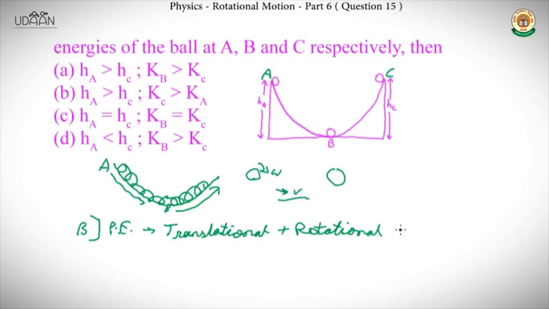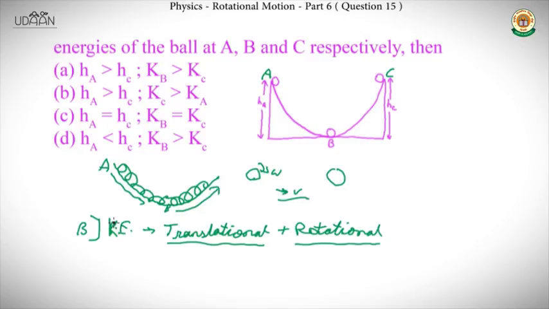Now, when it goes to point C, the rotational kinetic energy stays as it is. However, this translational kinetic energy is converted to potential energy. So, the total potential energy at point A was converted to the kinetic energy at point B. I'm sorry about this mistake, it is the kinetic energy over here. All the potential energy at A has been converted to kinetic energy at B, split into translational and rotational.